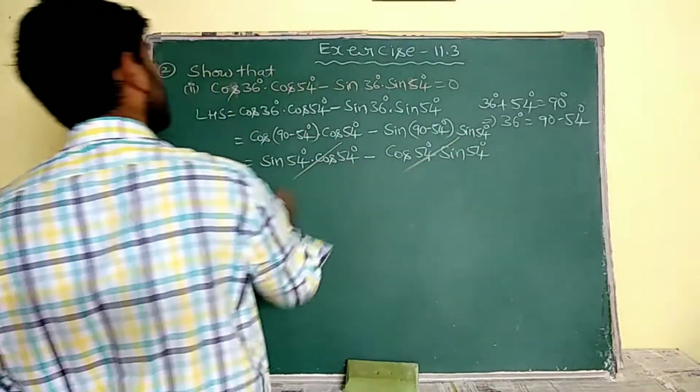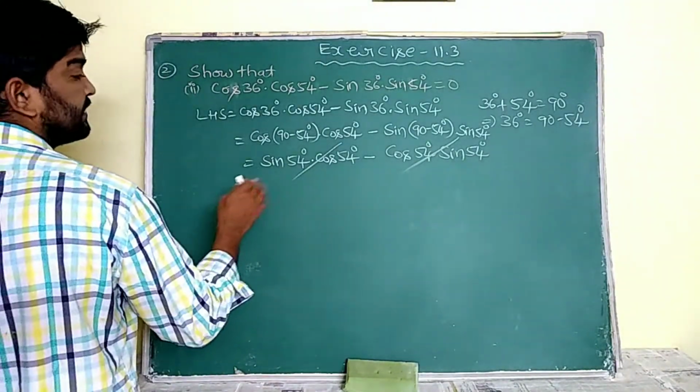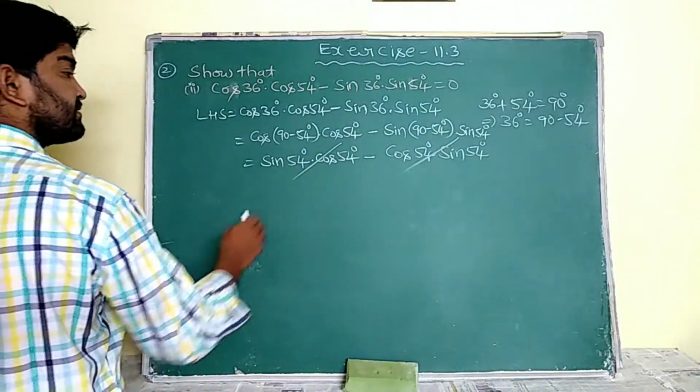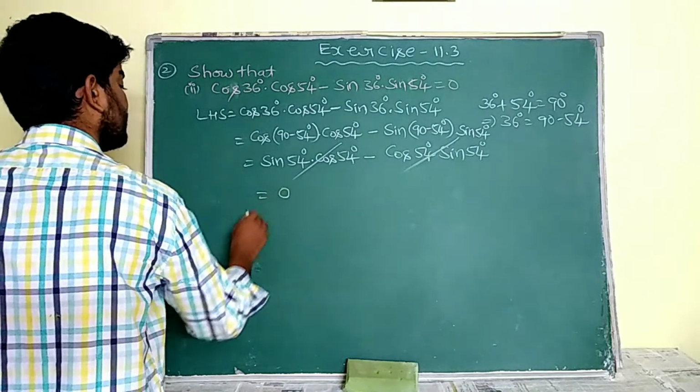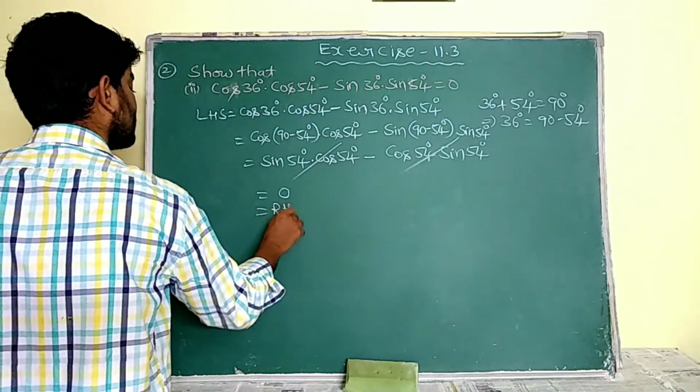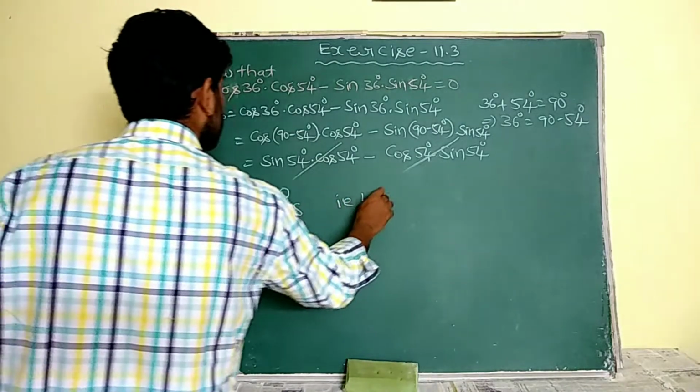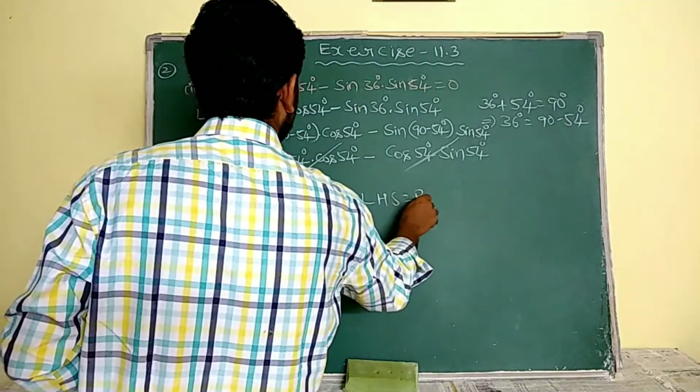See, these two are of the same angles with same trigonometric ratios, so both are going to be cancelled. Now its value is 0. That's our RHS. So LHS is equal to RHS, proved.